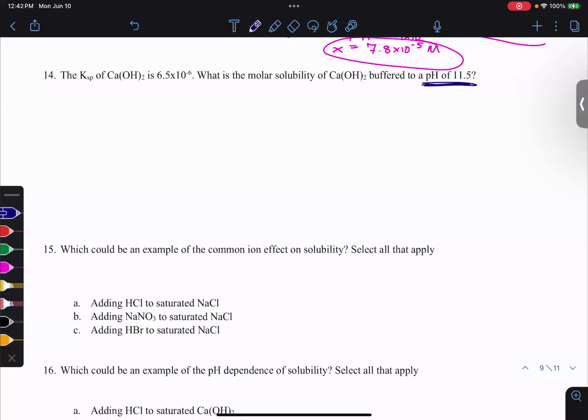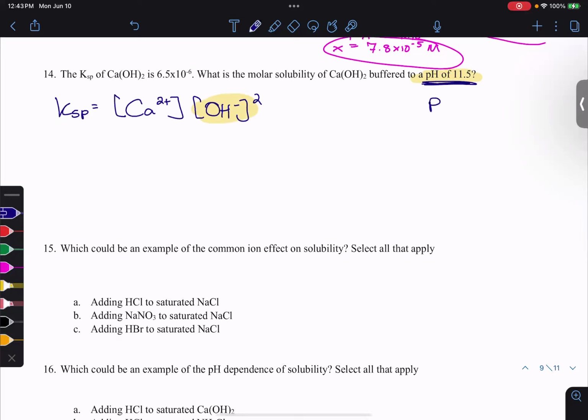So notice here, if we write the KSP expression for this compound, it's going to be calcium 2+ times the hydroxide concentration, but it is squared. I'm telling you via the pH what the hydroxide concentration is, right? If pH is 11.5, that means the pOH is 2.5.